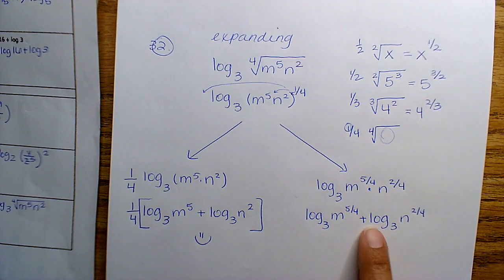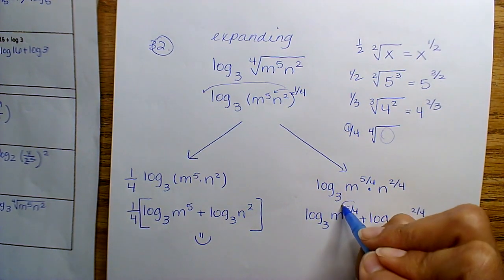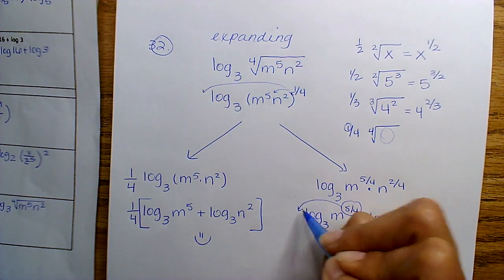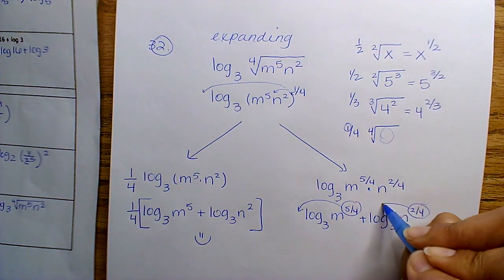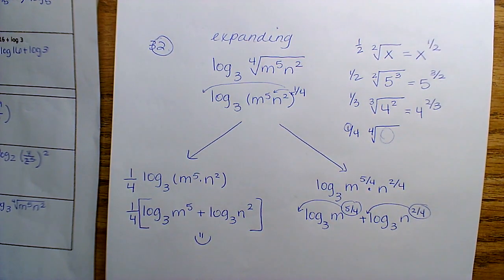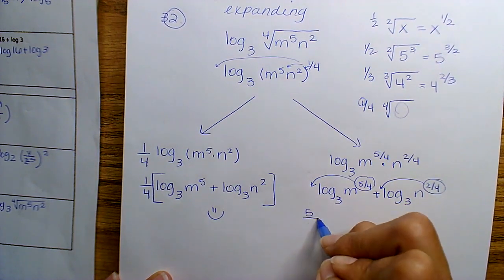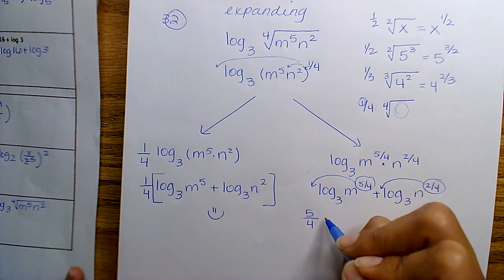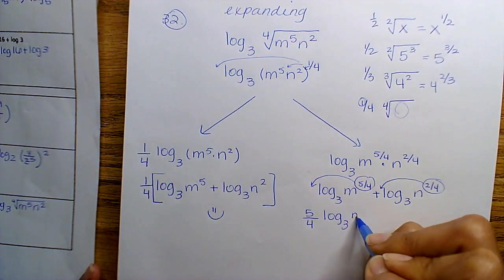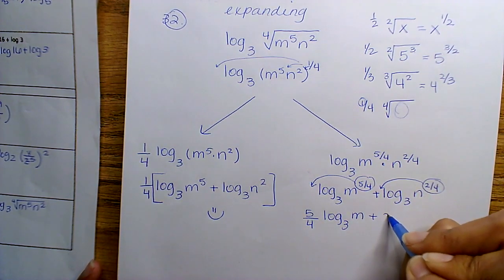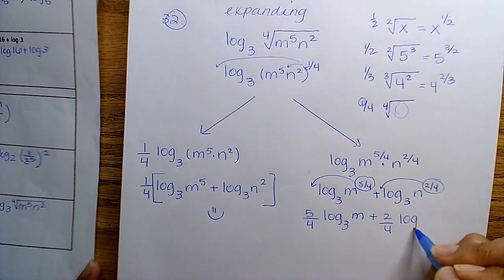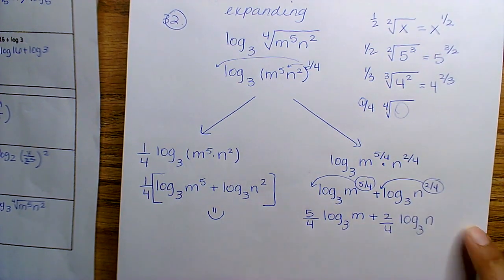You now have them separated into 2 terms, but now I have to use the power rule to take my exponents and bring them out as coefficients. So you have 5/4 log base 3 of m plus 2 over 4 log base 3 of n, and so now there are no exponents.